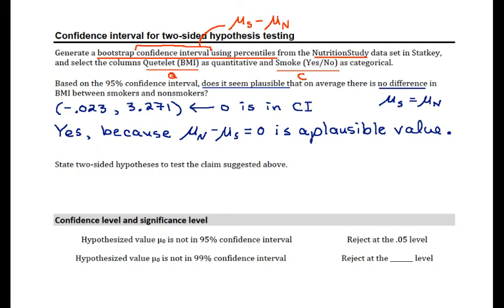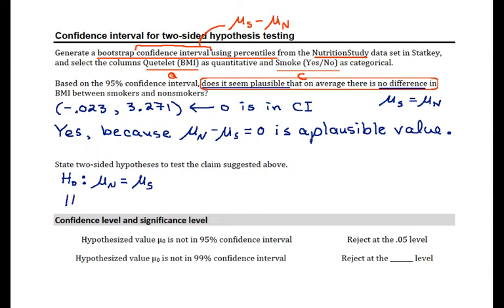Now, if we wanted to change this into a hypothesis test, notice that the question, does it seem plausible that on average there is no difference in BMI between smokers and non-smokers? That's really a yes-no question. So that's asking us, the null hypothesis is that there's no difference, mu sub n equals mu sub s.